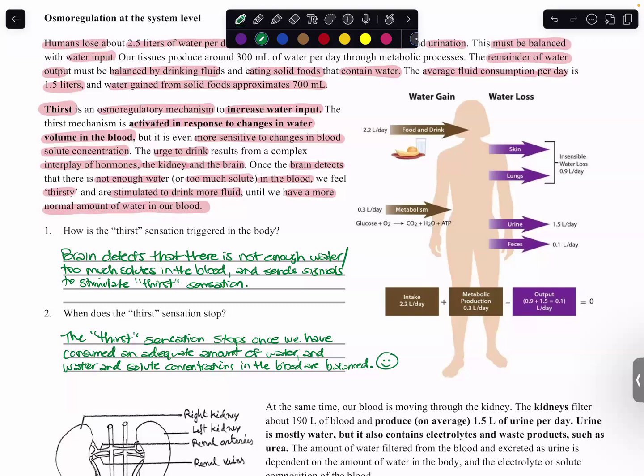This is a good thing. And then this one is not a good thing. We don't want to be thirsty. We want just the right amount. Okay?